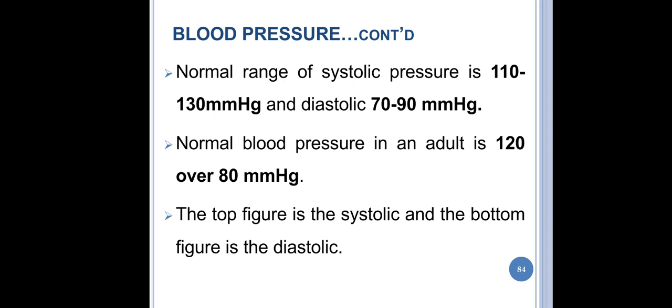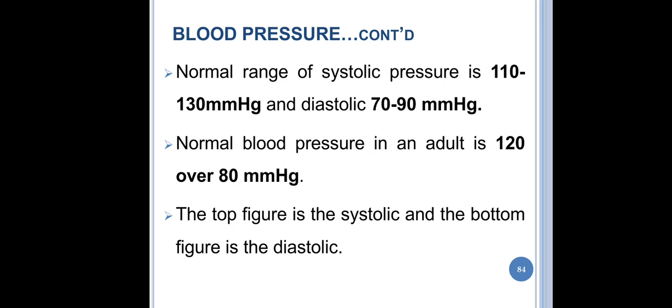But the normal blood pressure in an adult you should take as 120 over, that is slash, 80 millimeters of mercury. This is the normal blood pressure, so you should take note of it.